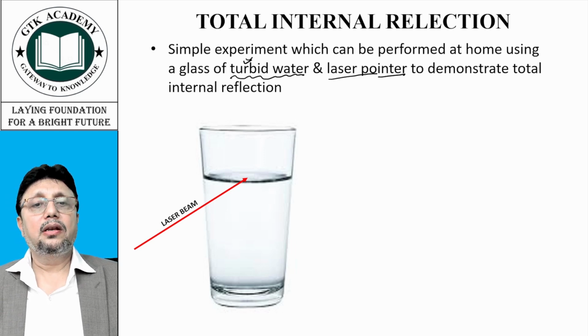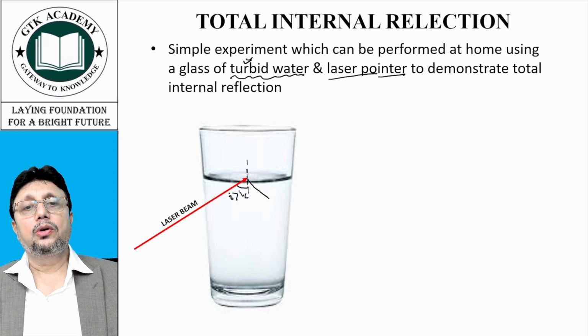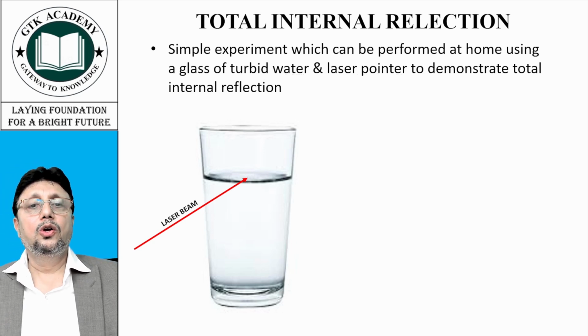Now what will happen? This laser beam, this ray, is traveling right now from water towards air, and say this is the angle of incidence I. If it is greater than the critical angle, this ray will be totally internally reflected here, right?